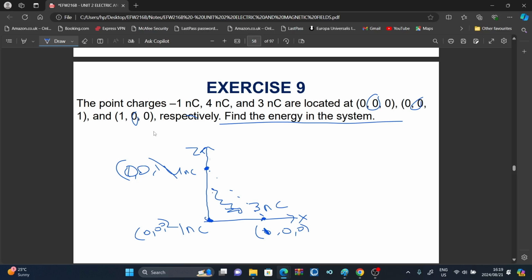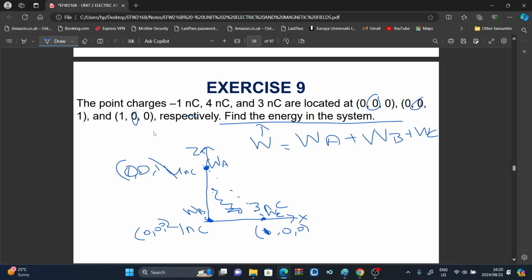I believe you understand that part. So we must calculate our work done at all these points. Let's call them work done A, work done B, and work done C.